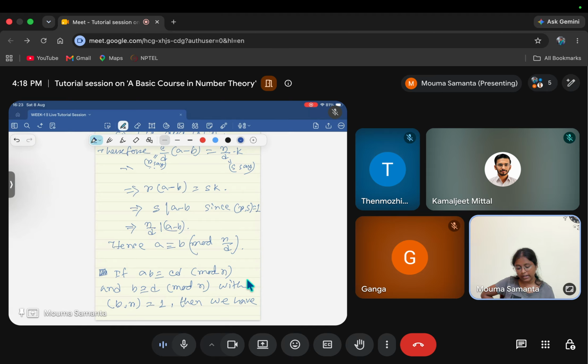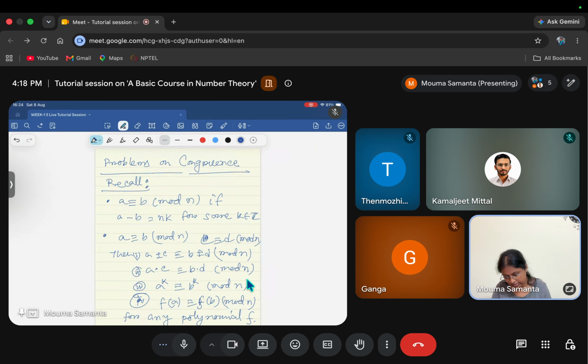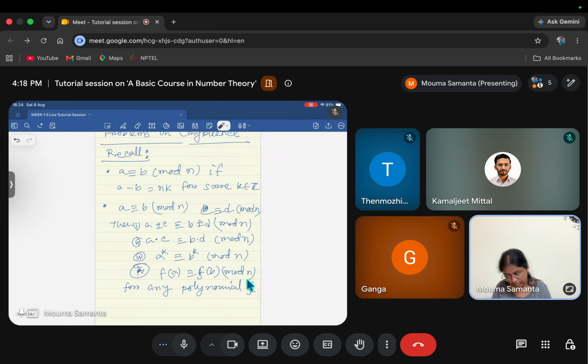This is also some kind of converse of the previous statement. There, from taking a congruent to b, c congruent to d, we were getting ac congruent to bd. Now what is the condition given?